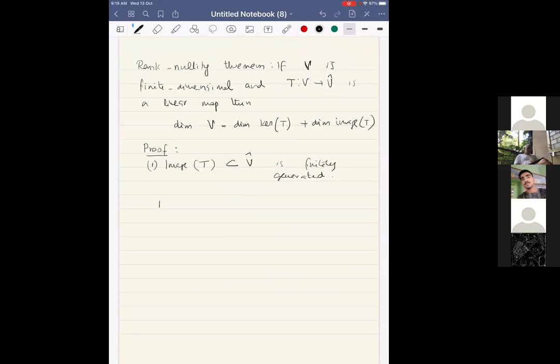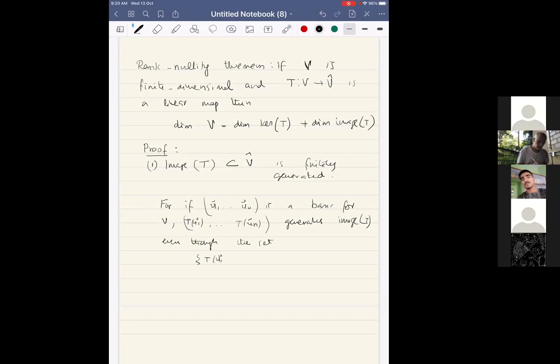That is, for if U1 to Un is a basis for V, then TU1 to TUn generates the image of T, even though the set TU1 to TUn need not be linearly independent.